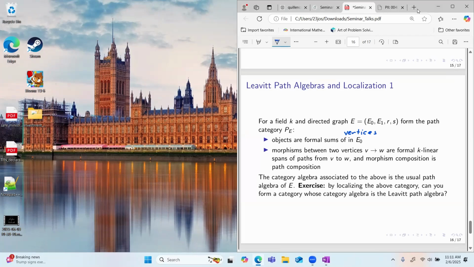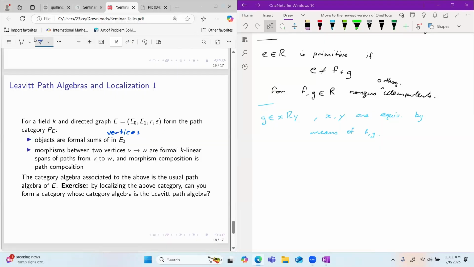The objects are formal sums of vertices in E0, and morphisms between two vertices are formal k-linear spans of paths from V to W. And composition is just path concatenation.